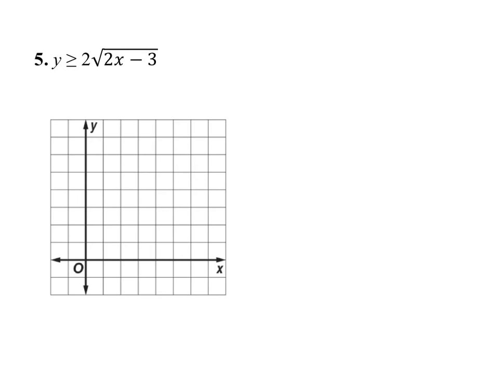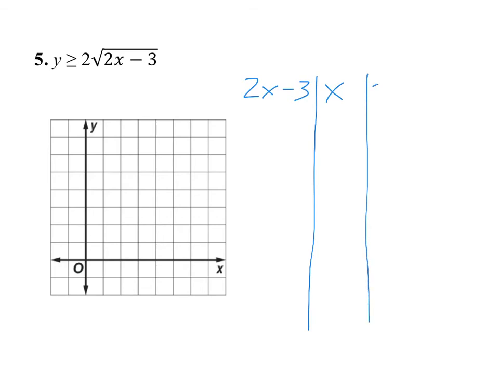All right, for number 5, I'm going to set up my table, 2x minus 3, x, then what does y equal? It equals 2 times radical 2x minus 3. We want nice numbers here, 0, 1, 4, 9.